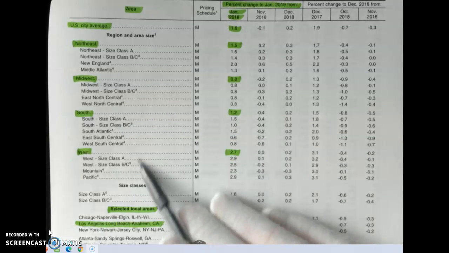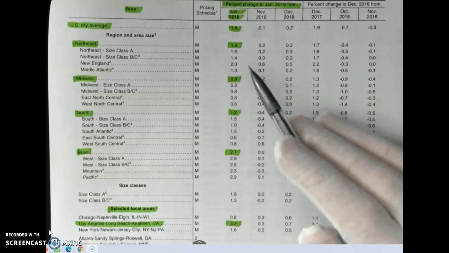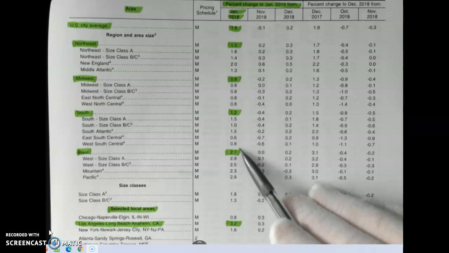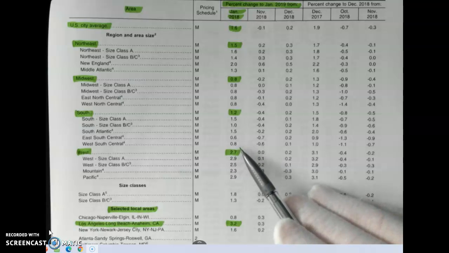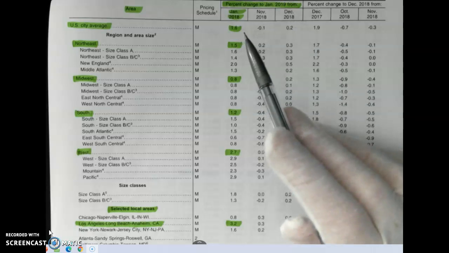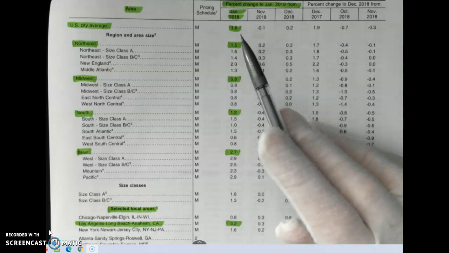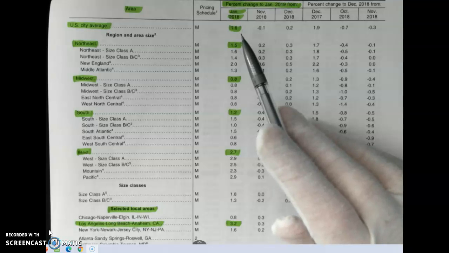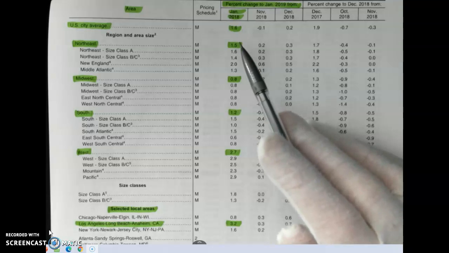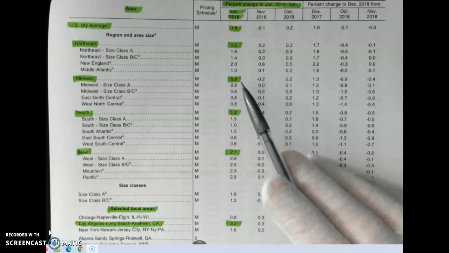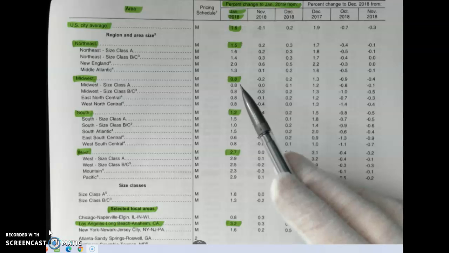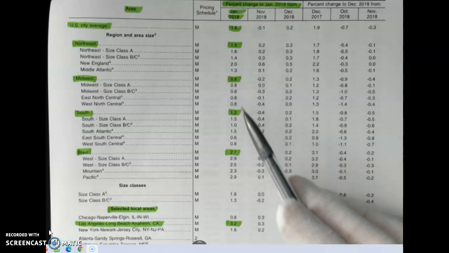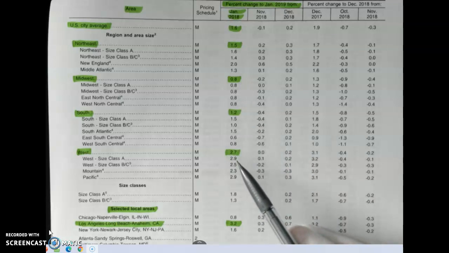So you've got 4 regions here in general, and the big one was the West, 2.7% overall. And this is important because the U.S. is a diverse market. So what people feel in terms of inflation in one area may not be resonating in another area. If you're living in the Midwest in January 2018, you've only witnessed 0.8% inflation. But if you're living in the West, you see 2.7%.